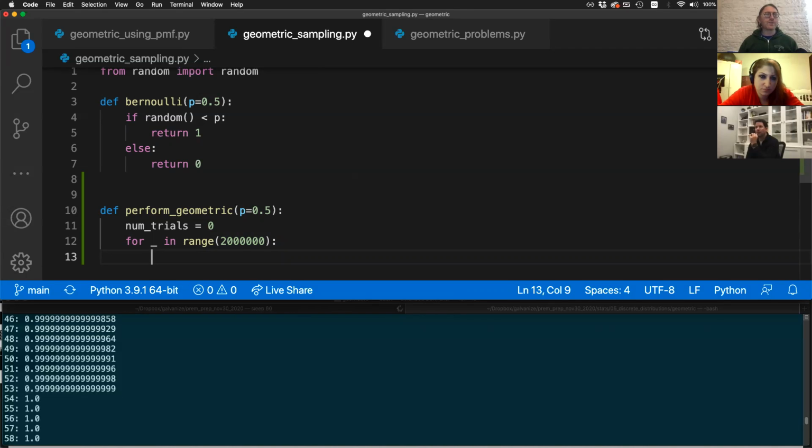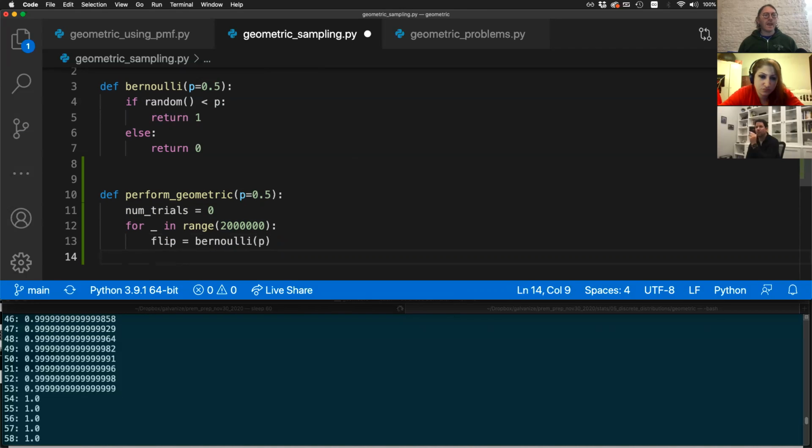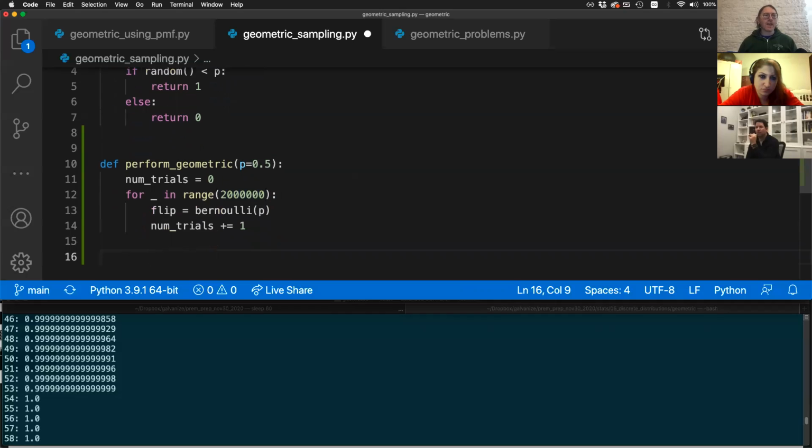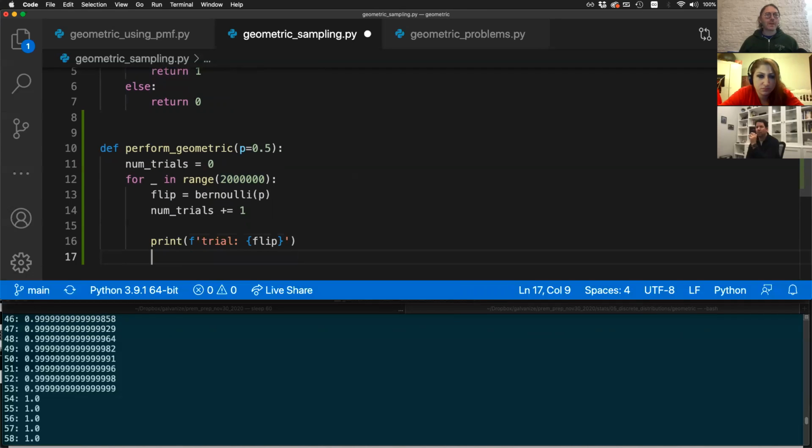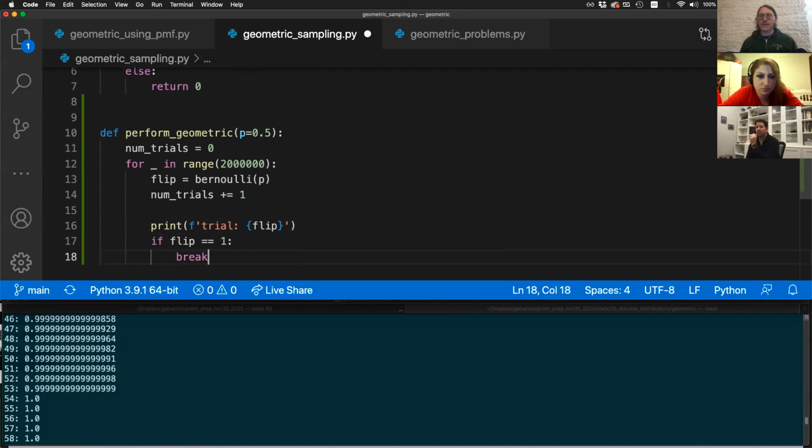I'm not choosing that number for any reason. And I'm saying flip gets Bernoulli of the probability. And I'm going to increment the number of trials. And this is a bit longhand, just to be clear. I'm just doing this to demonstrate so we can see this in action, without me sitting here flipping a coin. And I'm going to say if the flip is 1, then we break, because we're done at that point.